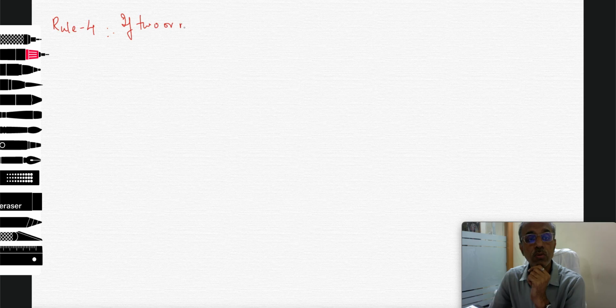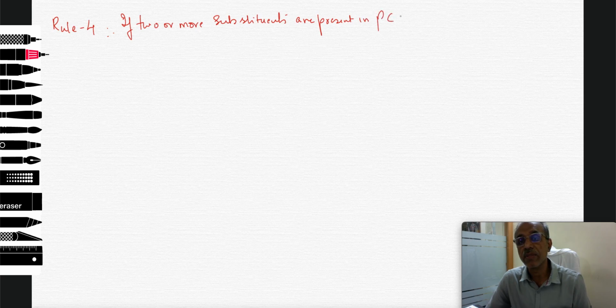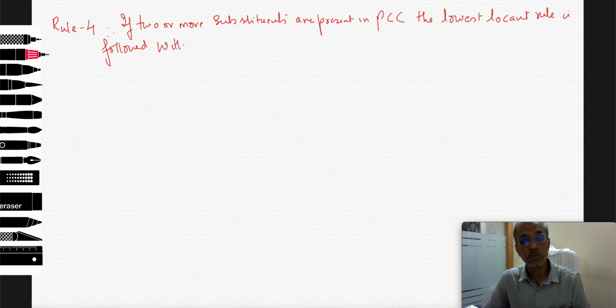If two or more substituents are present in the parent carbon chain, then the lowest locant rule is followed with respect to alphabetical order.